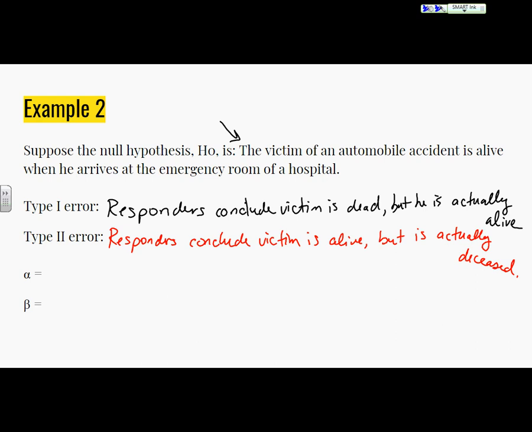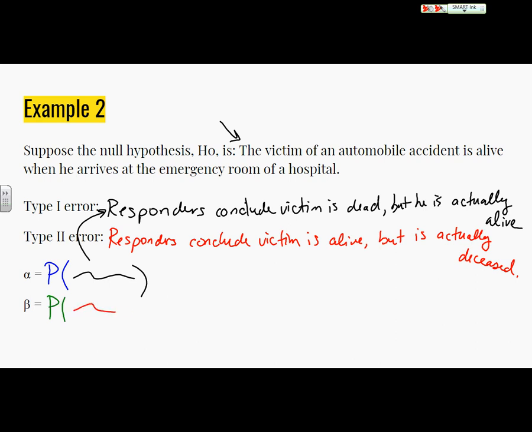And so we're talking about these probabilities down here. Again, I'm not going to write these out. Alpha is just going to be the probability of making a type 1 error, so it's the probability of everything that I wrote up here with my black ink. Whereas my beta is simply the probability of me making a type 2 error.